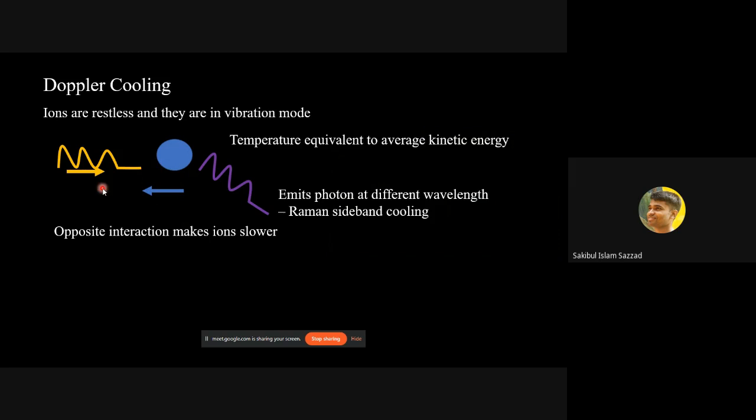By exchanging energies, the ion is losing some energy, and it is emitting a different wavelength. When it loses energy, that means I'm getting cooler. And as the collision is happening in the opposing direction, the ion is also getting slower. Like I said, the lower the temperature, the lower the thermal energy, the more stable the ion is in position.